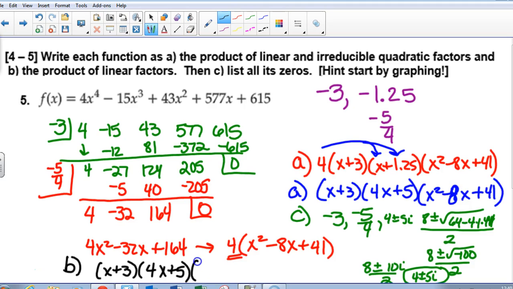You have to write x minus, what is one of the zeros? 4 plus 5i, and x minus 4 minus 5i. Now if you want to distribute the negative and get rid of those inner parentheses, I'm fine with it, but you can also leave it like that. I don't care.